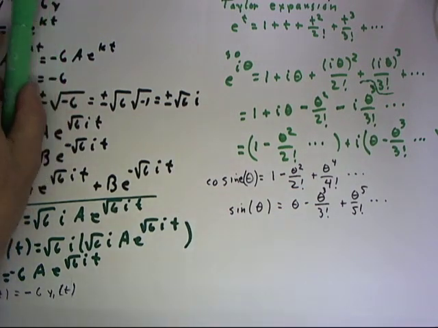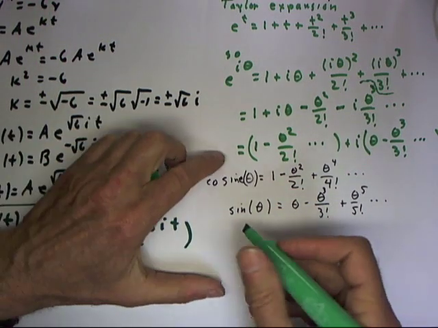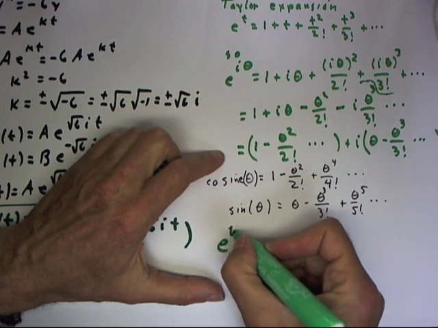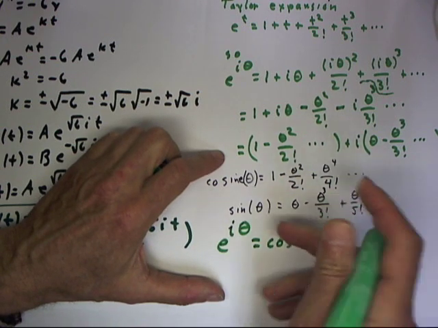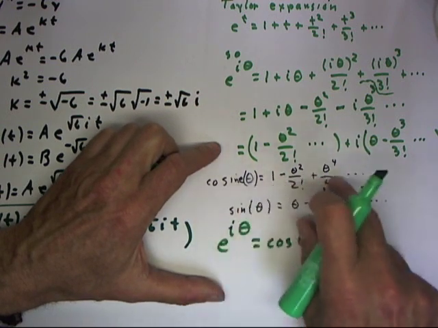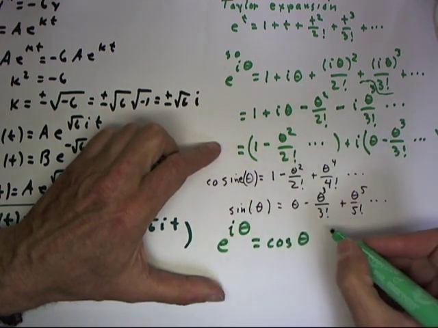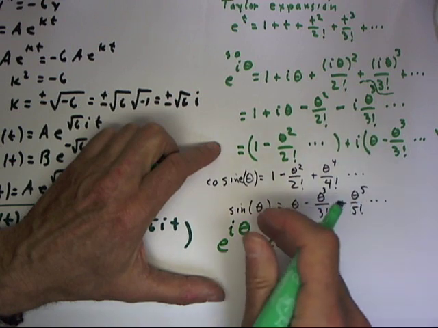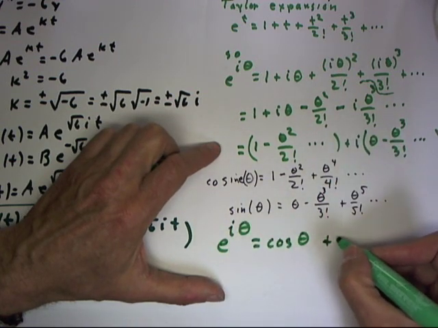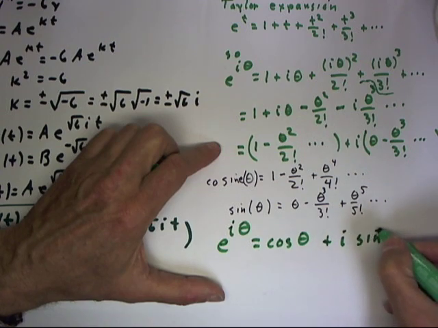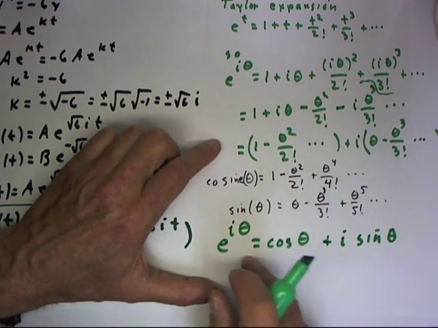This leads us to the conclusion that e to the i theta equals cosine theta, because the cosine of theta is the real part, plus the terms that have the i in front of them, so that we have i sine of theta.